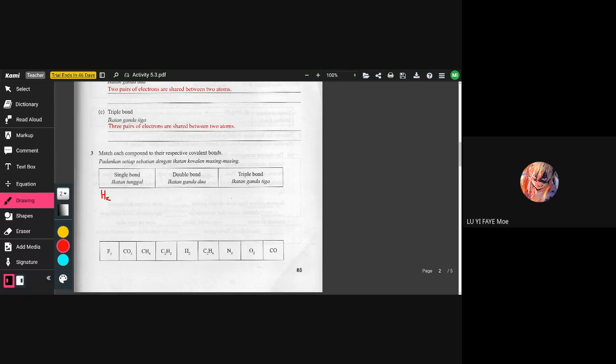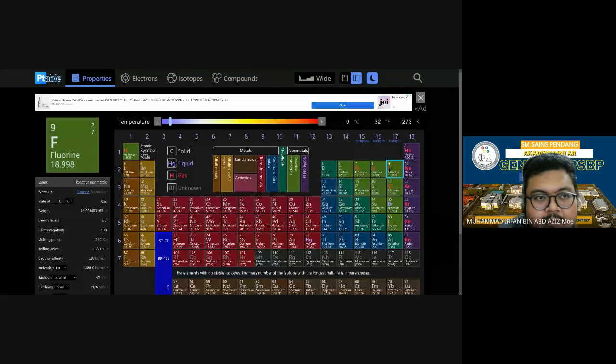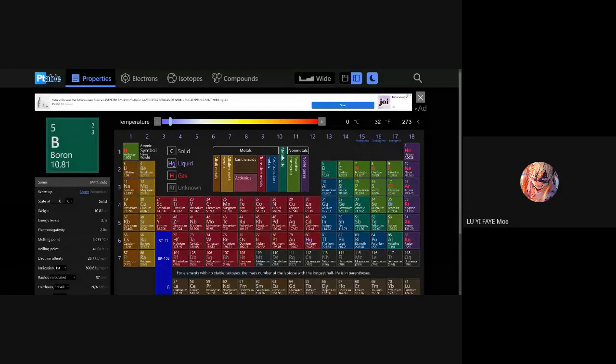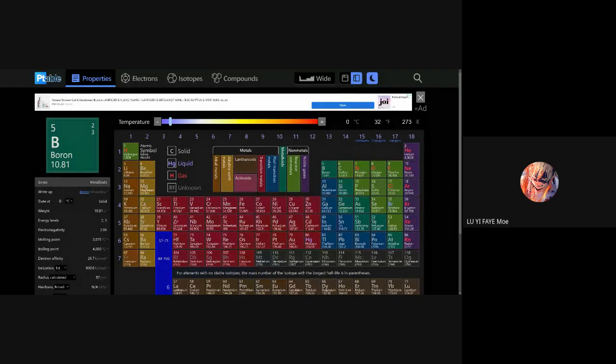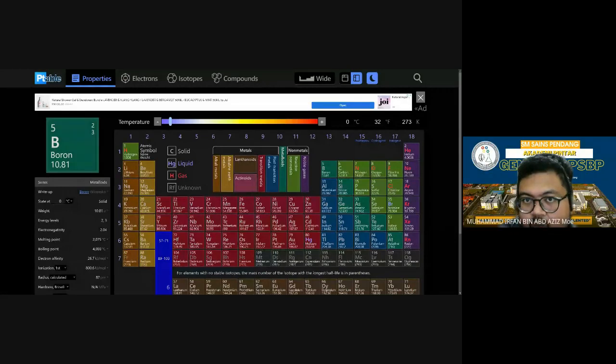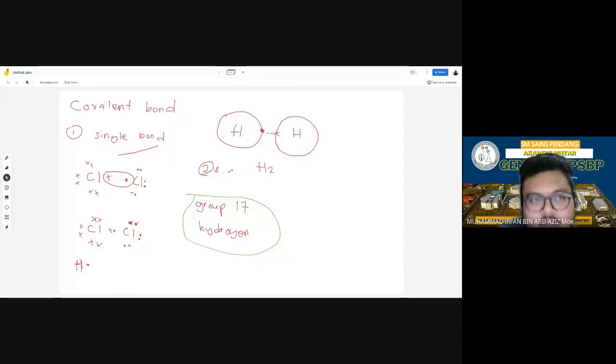F is group 17, we don't study group 7. Group 7 is only for transition elements. So what happens in group 17? They need one more electron.